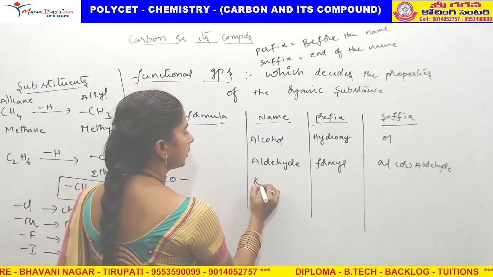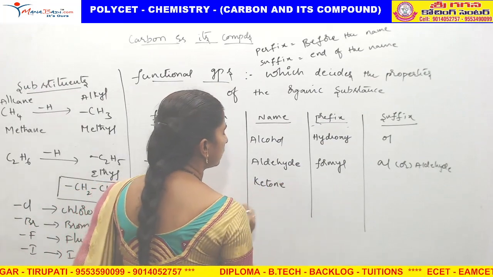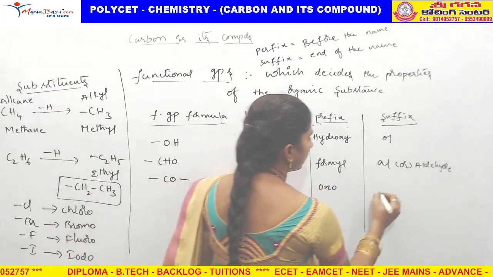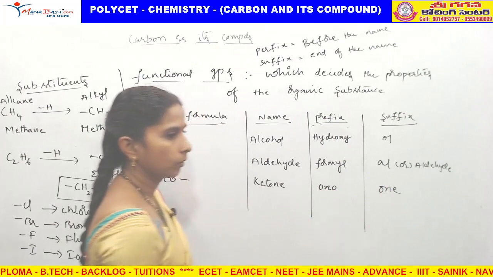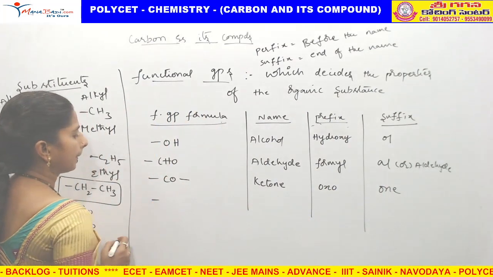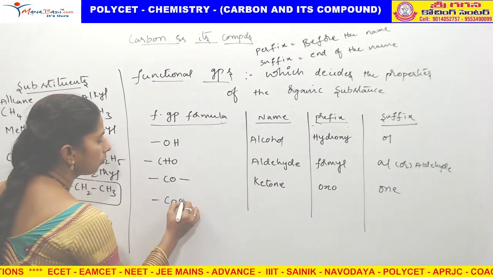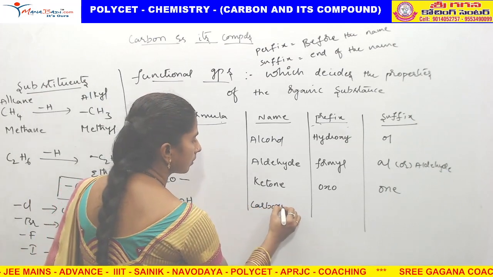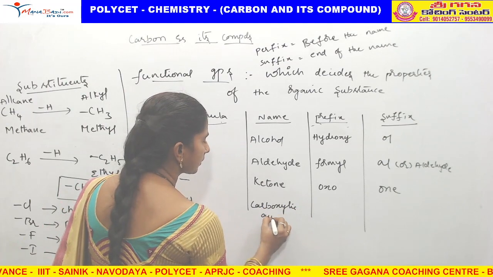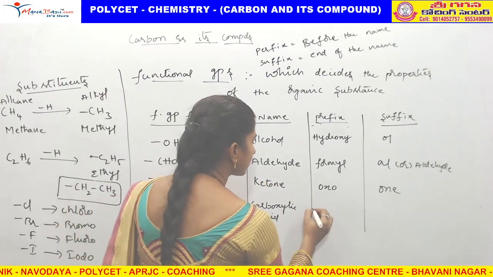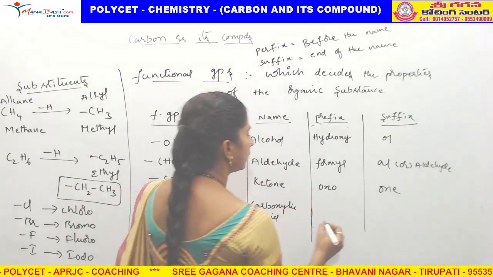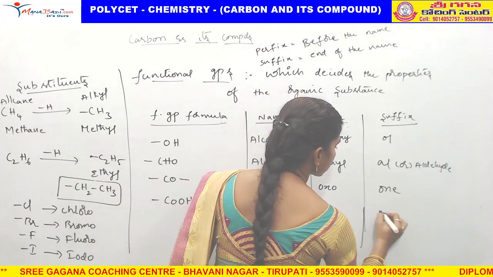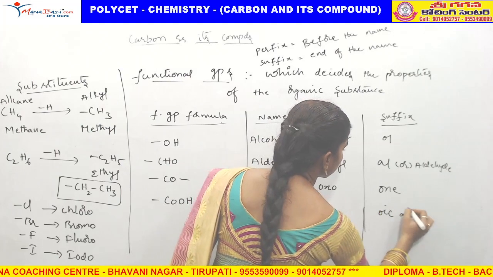And CO means ketone. The name of this one is ketone, prefix oxo, suffix one. And COOH, carboxylic acid. For carboxylic acid there is no prefix, suffix is oic acid.